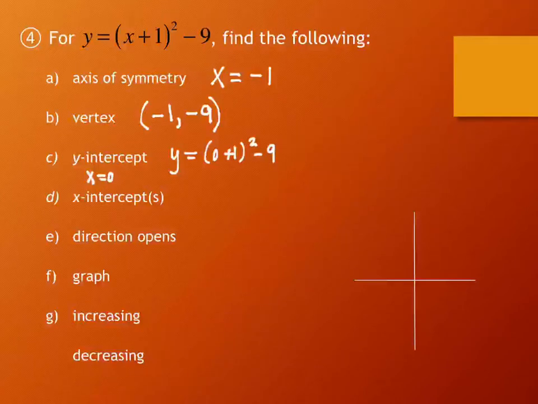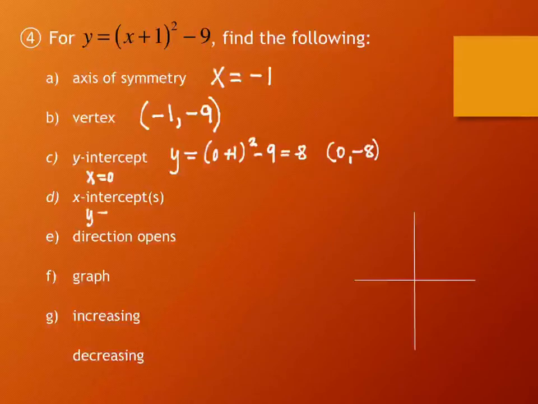So 0 plus 1 is? 1 squared is? 1. Minus 9 is? -8. So my y-intercept is 0, -8. Y-intercept, x equals 0.